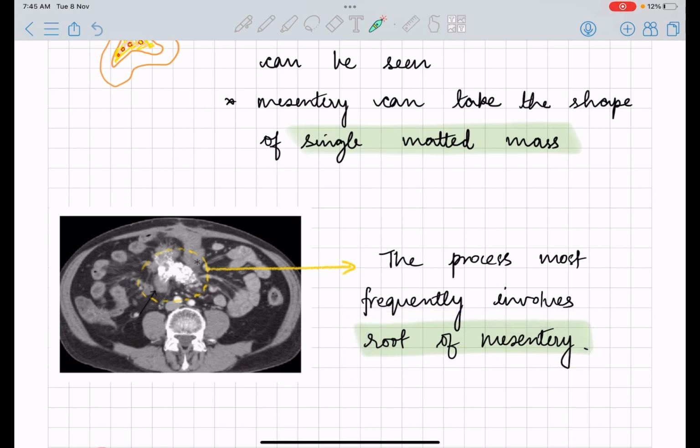Most of the inflammation is happening at the root of the mesentery. We can also see calcifications like this, and the root of the mesentery is affected. These are bowel loops, and they are pulled towards the root of the mesentery.